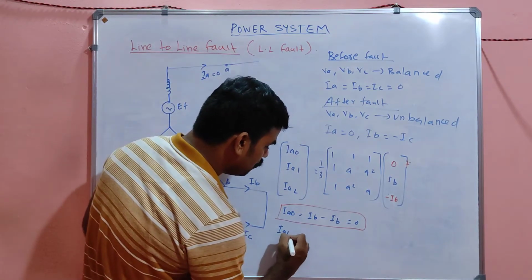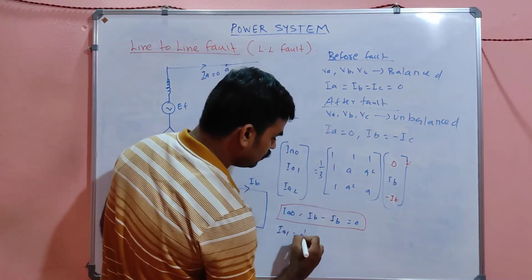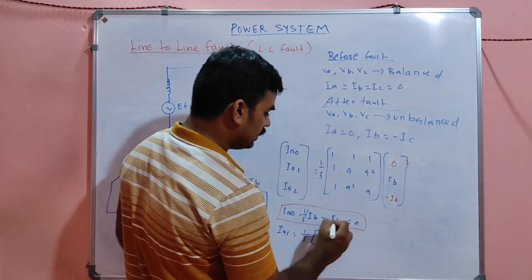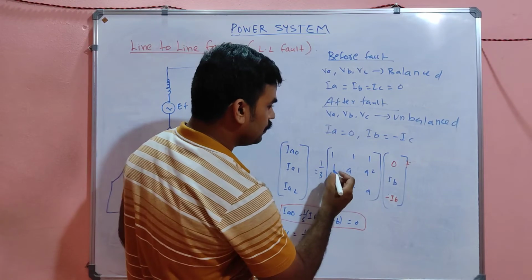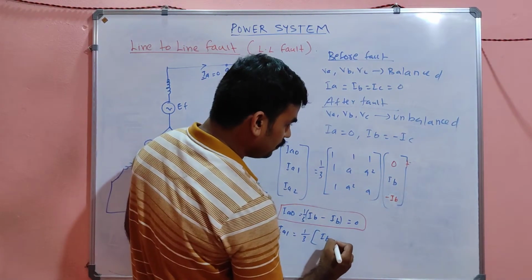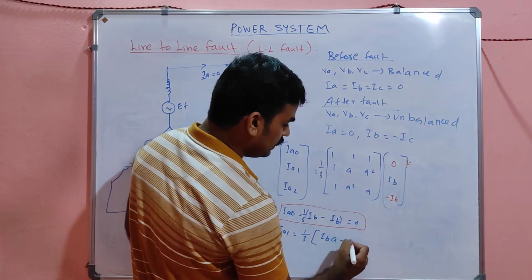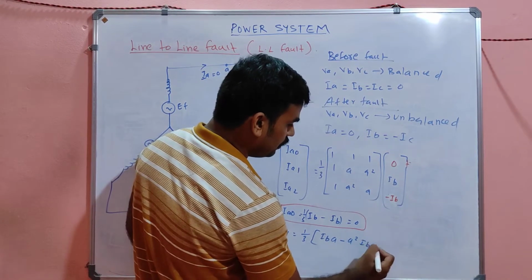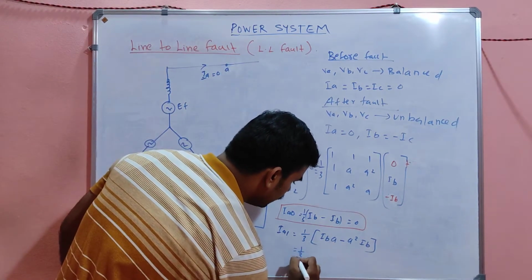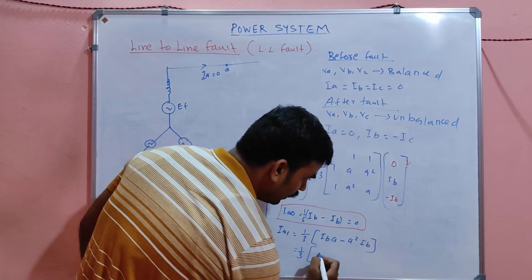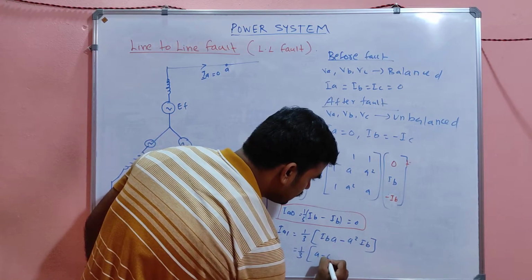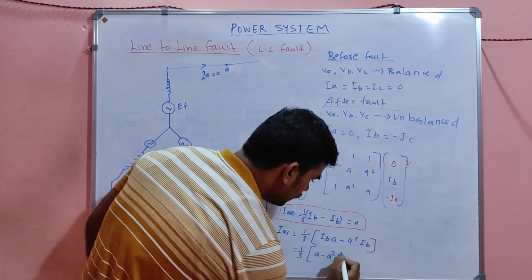Next, what is IA1? IA1 is equal to 1 by 3 into 0 plus IB into A minus A square into IB. So it will be nothing but 1 by 3 into A minus A square into IB.